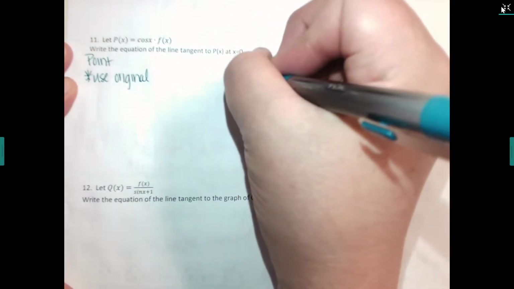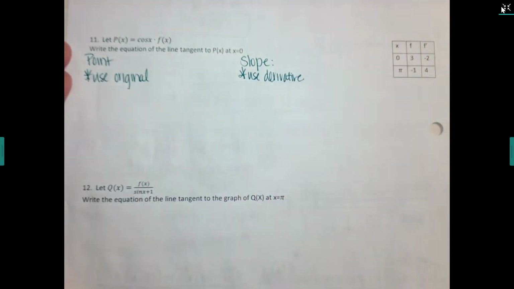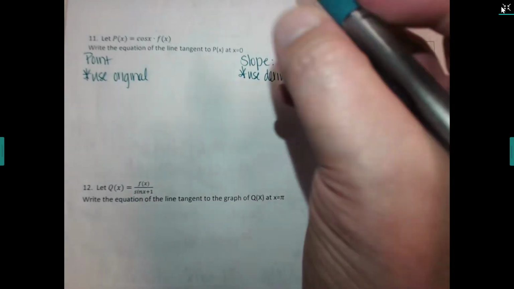But when you're doing slope, you're going to use the derivative. When I'm plugging into the original, what is my x value that they gave me here? 0. So it's 0 comma something.